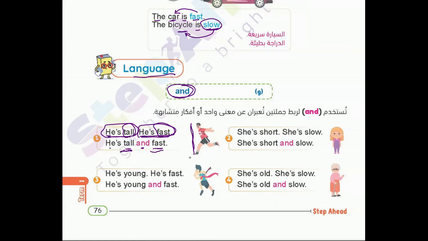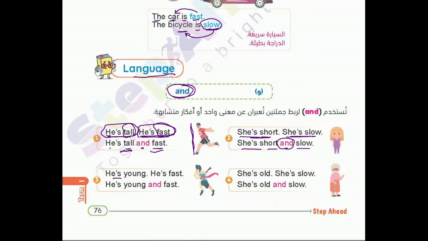He is tall and fast. Another example, she is short, she is slow. So I can use one sentence only, saying she is short and slow. So the word and here helps me to write less, just one sentence.